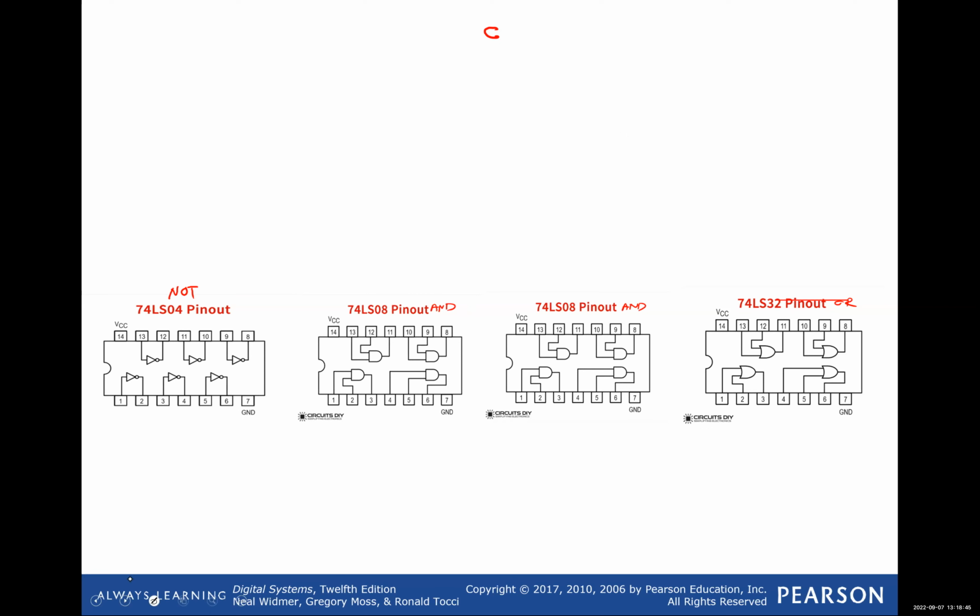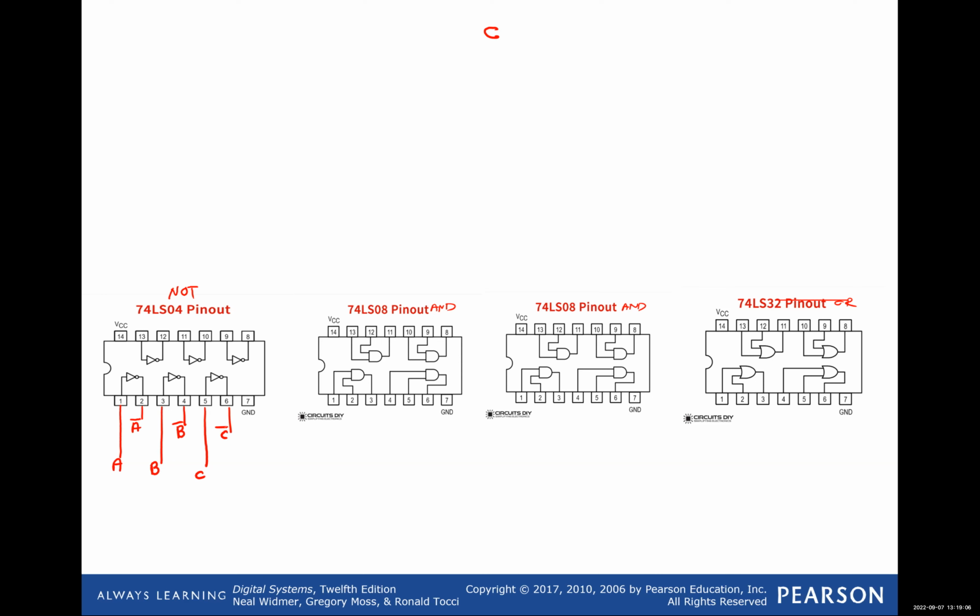So number one, I know that I need to find the inverter for all the inputs. So this one is going to be my A. This is going to be my A complement. This is going to be my B. This is going to be my B complement. This is going to be my C, and this is the output of the C complement. So these are the three inverters.